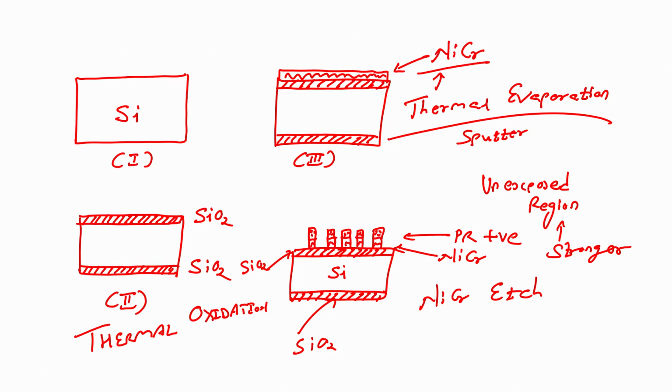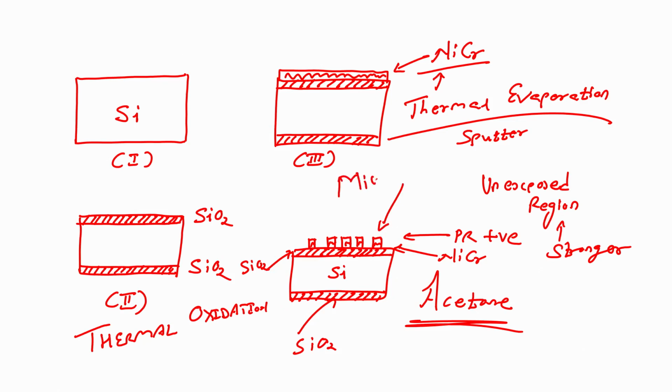All right. After nichrome etching, the next step is I will dip this wafer in acetone. Why? Because when I dip this wafer in acetone, I will strip off my photoresist. Now, what I have is a substrate with a micro heater.